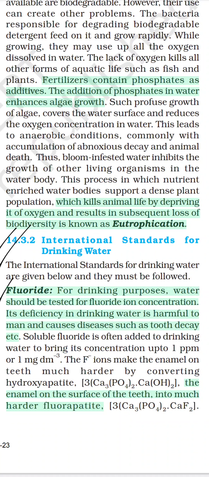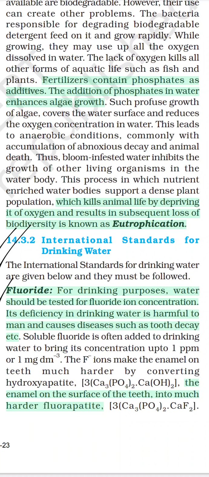Next, international standard for drinking water. The international standards for drinking water are given below, and they must be followed. First, fluoride. For drinking purposes, water should be tested for fluoride ion concentration.